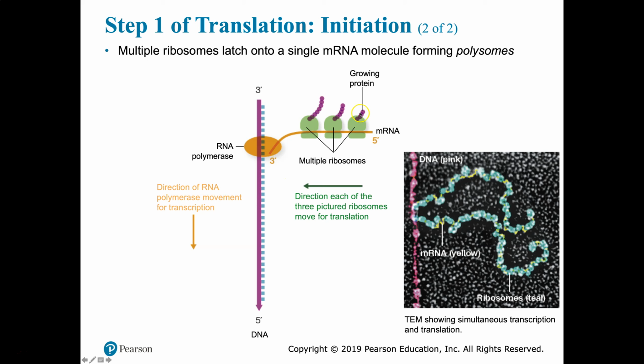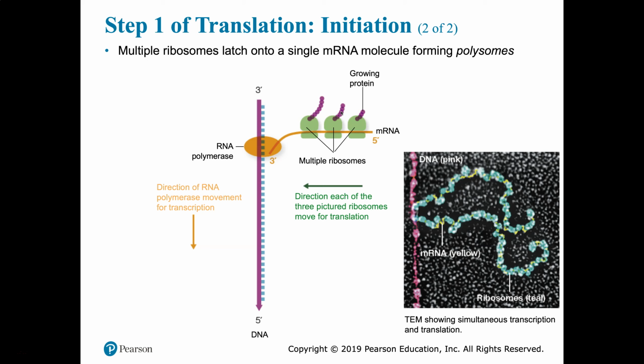And then the growing proteins, or the polypeptides that are built, will eventually be brought together and create one functional protein. So why in the world would it be efficient to undergo transcription and immediately, almost at the exact same time, start translation?